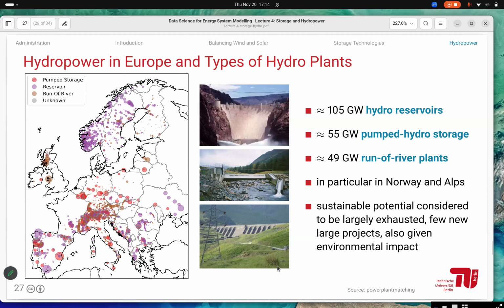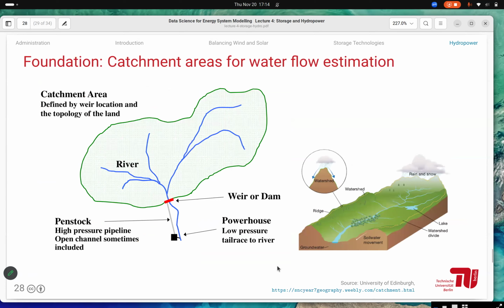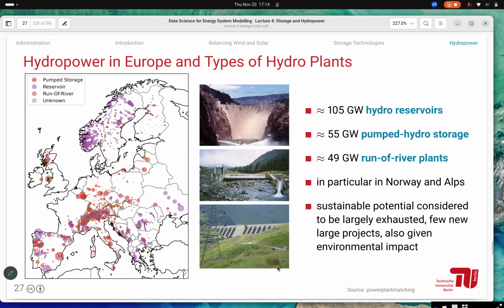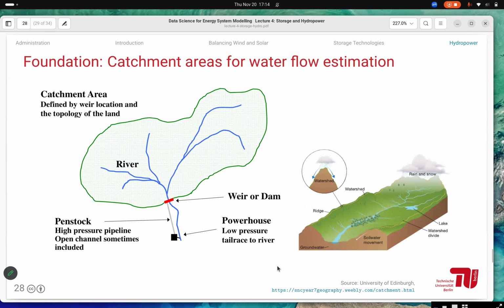Good. But generally speaking, there's not a lot of hydro development in Europe anymore. The reason I showed all these statistics is that we want to understand a little bit more about the resource of hydro, how to determine it, and what data you work with in this case.